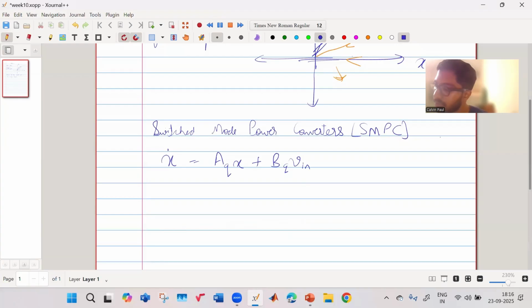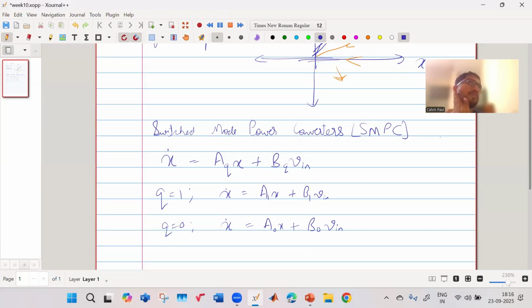That is, when Q is equal to 1, you have x dot is equal to A1x plus B1Vin, and when Q is equal to 0, you have x dot equal to A0x plus B0Vin. So what will be the equilibrium points for both modes, Q equal to 1 and Q equal to 0? That is, what will be XE1 and what will be XE0?